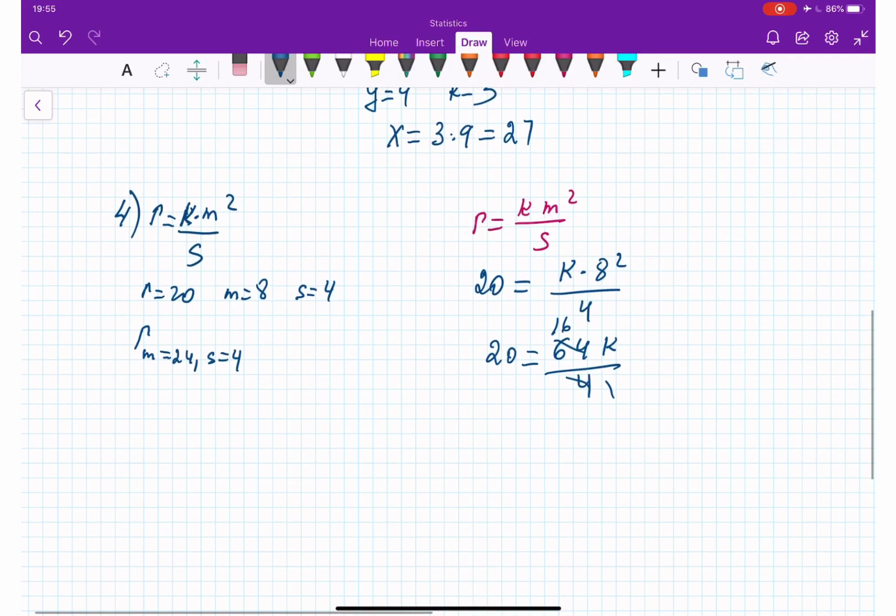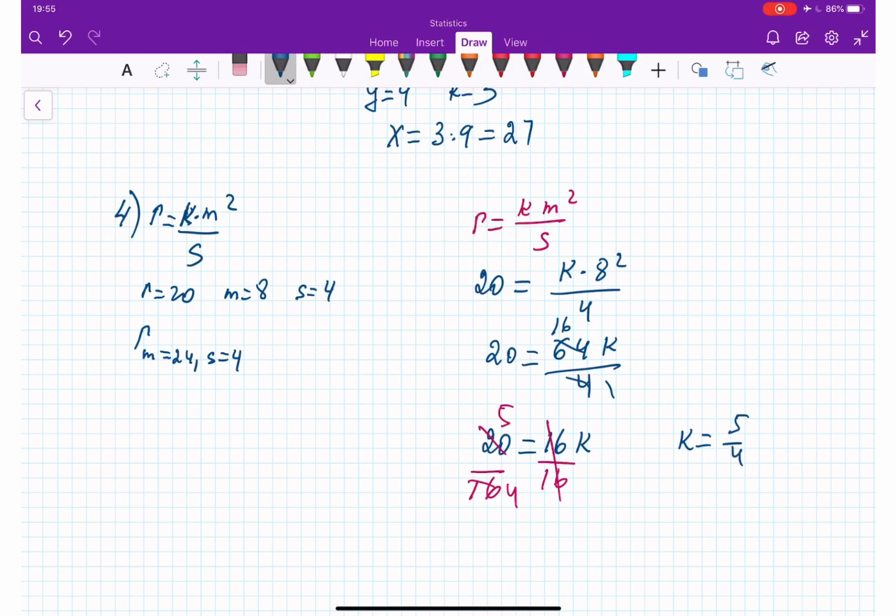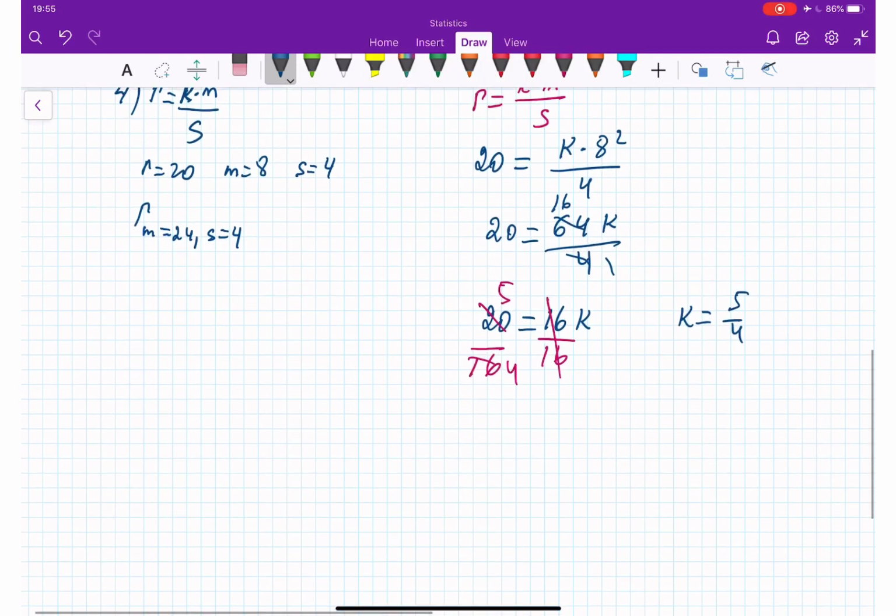So we are getting 20 is equal to 16k. From here we divide by 16 on both sides. 20 and 16 we can reduce by 4. This is 5, this is 4. So k is equal to 5/4.